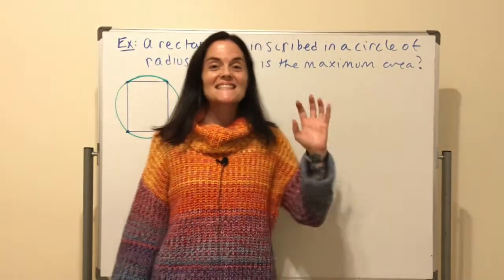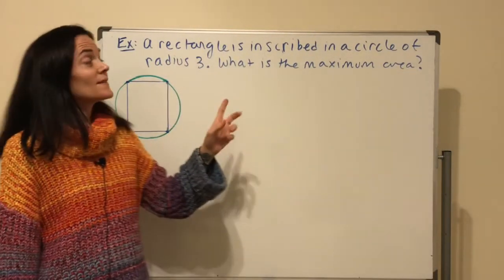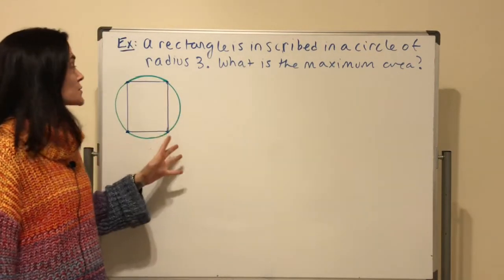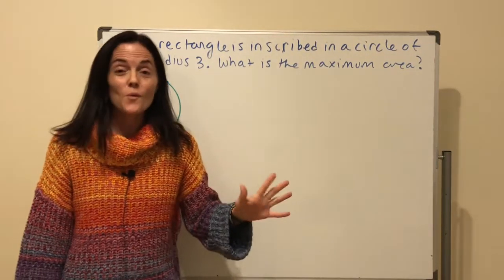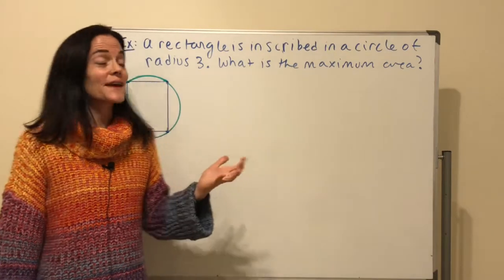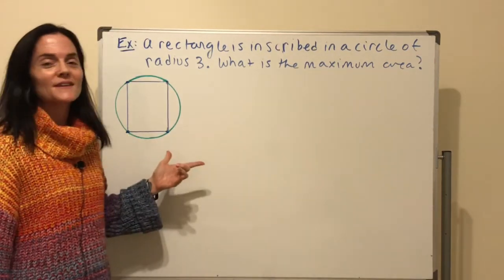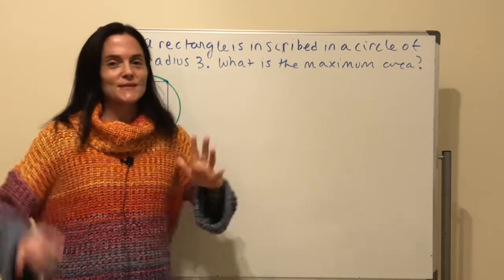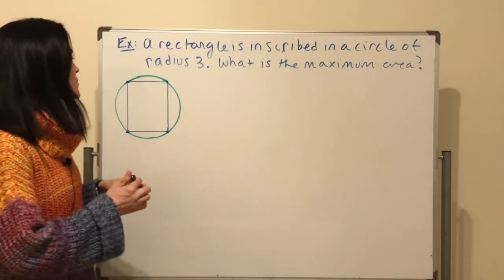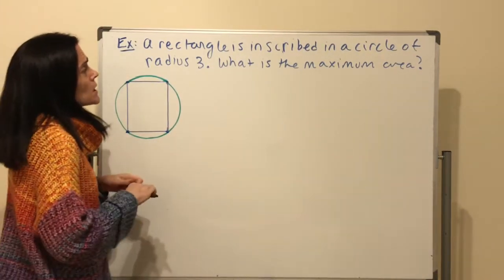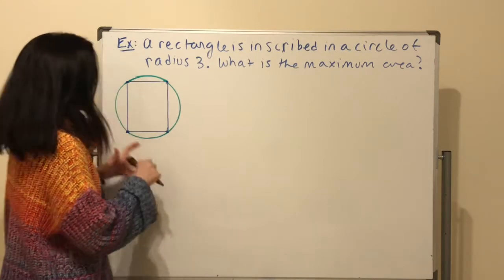Now for my last example, a rectangle is inscribed in a circle of radius 3. What is the maximum area? Here is a picture, and this green circle is supposed to have radius 3, and I just drew a rectangle inside. Well, let's start labeling things.